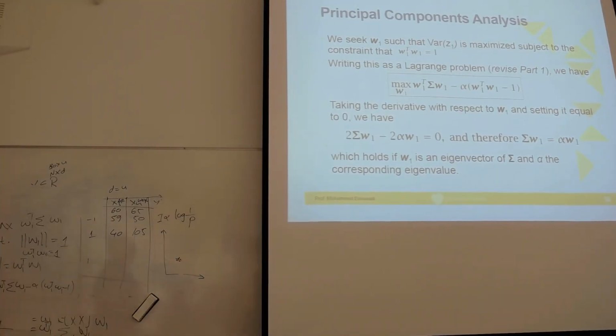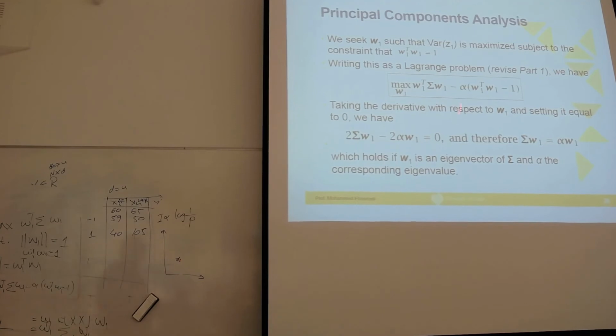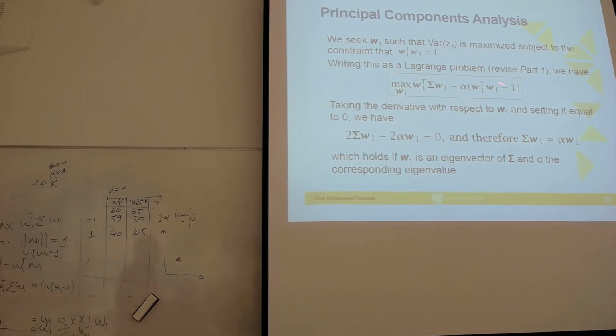Okay, we continue. As I said before the break, we need to maximize the variance of the projection, and also guarantee the magnitude to be fixed. Every vector has magnitude and direction, and we are looking for the best direction of projection, not the magnitude.